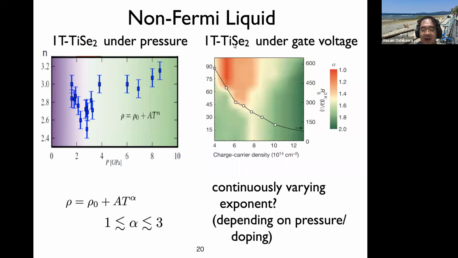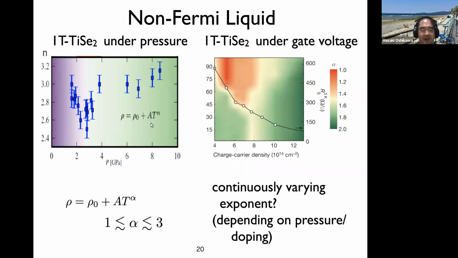These are two different sets of experiments on the same material, titanium diselenide. This one is under pressure, and I think this one is under applied gate voltage, changing carrier density. They both found non-Fermi liquid behavior, but with different exponents.